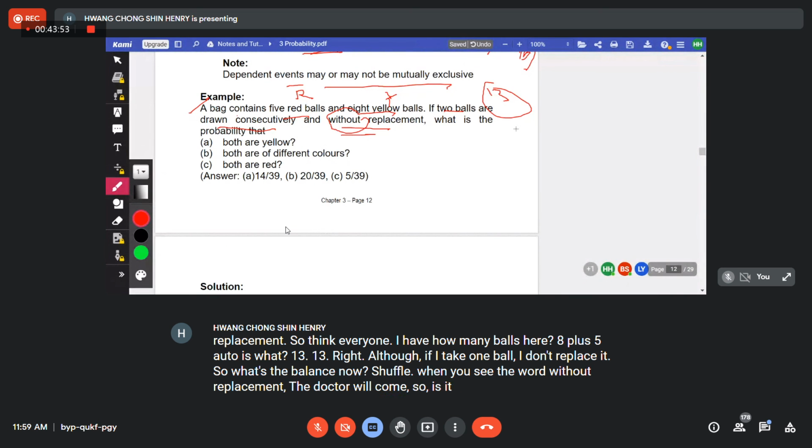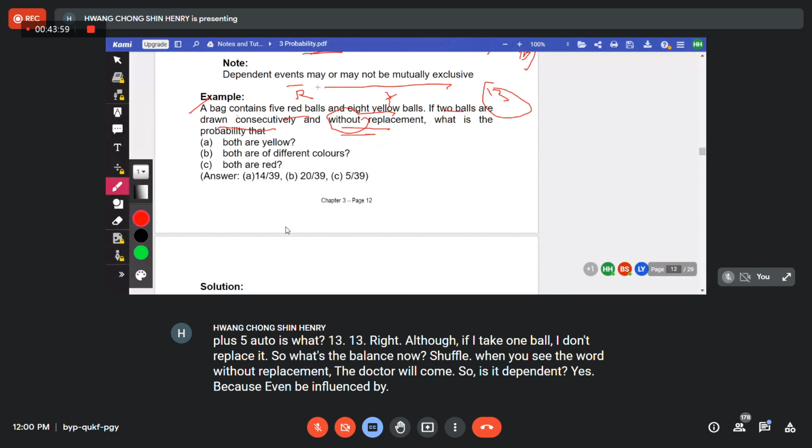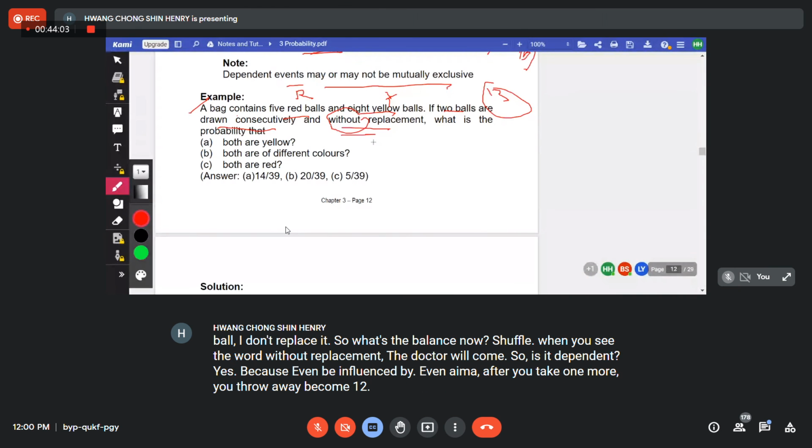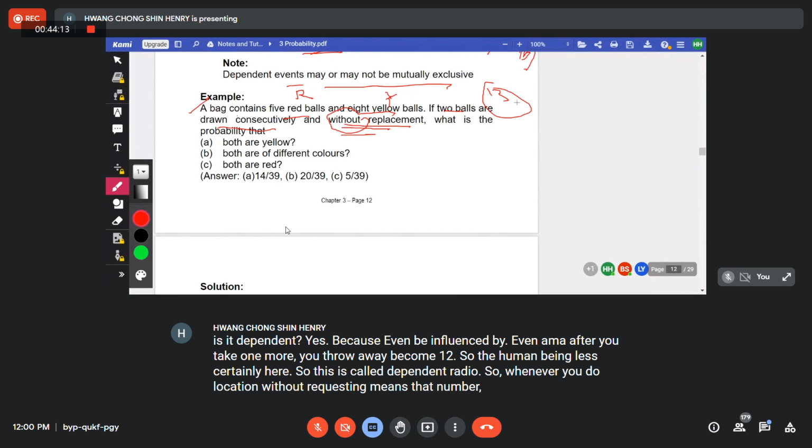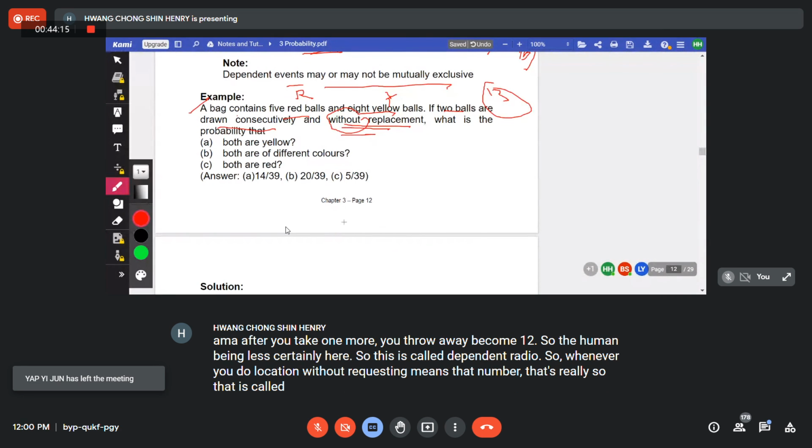So is it dependent? Yes, because event B is influenced by event A. After you take 1 ball and throw it away, it becomes 12, so event B has one less. So this is called dependent. Whenever you do a question without replacing, the number becomes less, so that is called dependent.